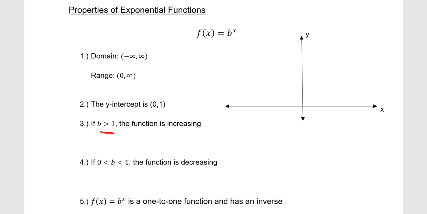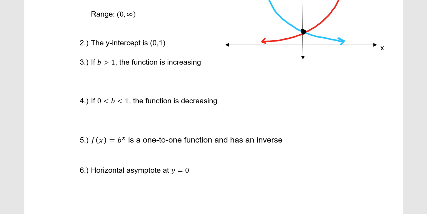If b is greater than 1, it's going to be exponentially increasing. And if b is between 0 and 1, it is exponentially decreasing. So you can see that they're both crossing right here at the y coordinate of 1.